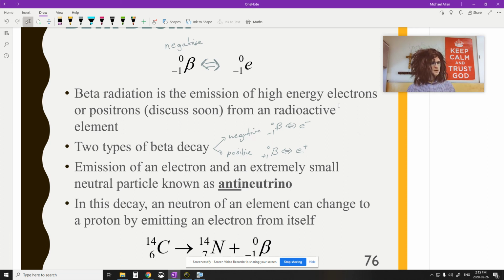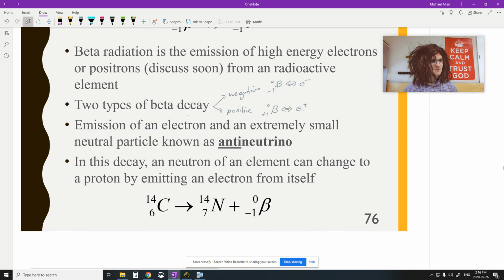Okay? So one thing that also is emitted at the same time through beta negative, so we're still at beta negative right now, we'll worry about beta positive in a bit, is that there's another neutral particle. Neutral is very key. A very small, high speed antineutrino.